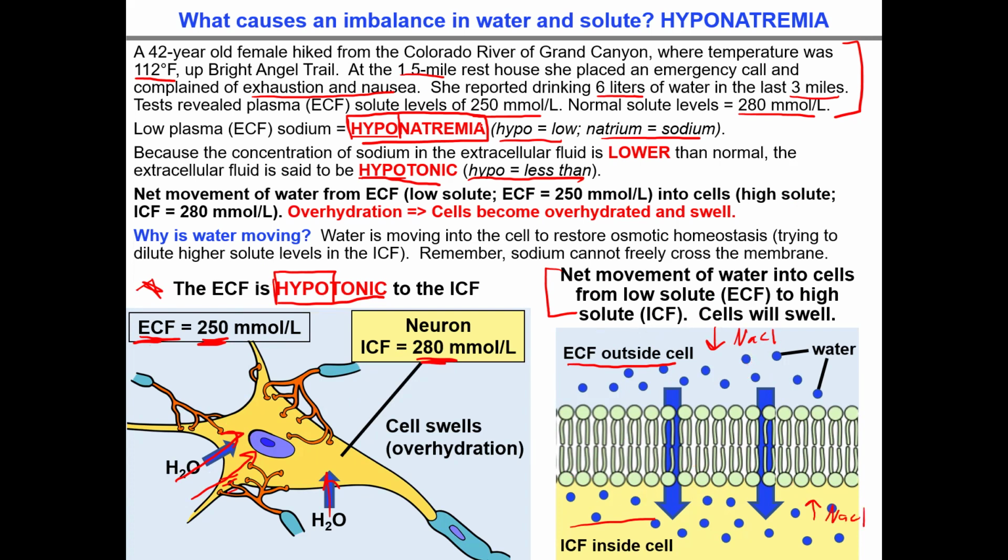The reason why is because this woman drank a ton of water, increasing the amount of water on the outside. And again, the body wants to maintain equilibrium, so a ton of water is going to rush in to try to bring down the sodium content on the inside.